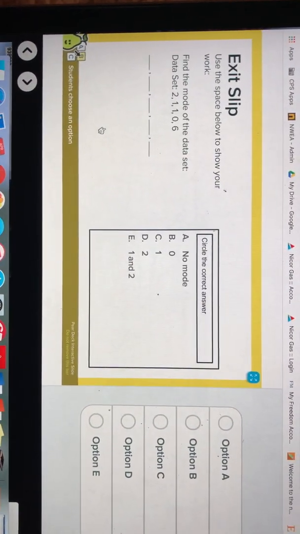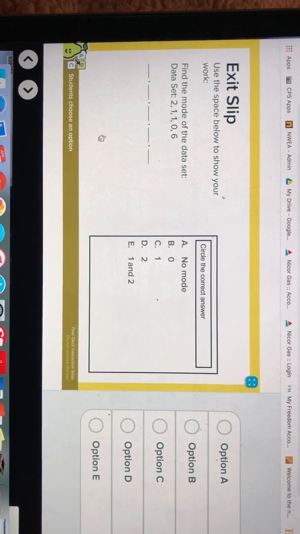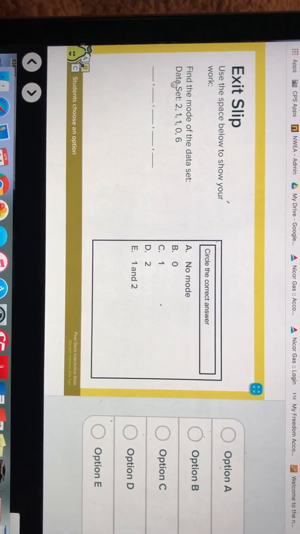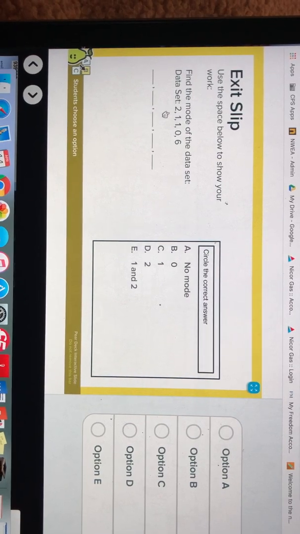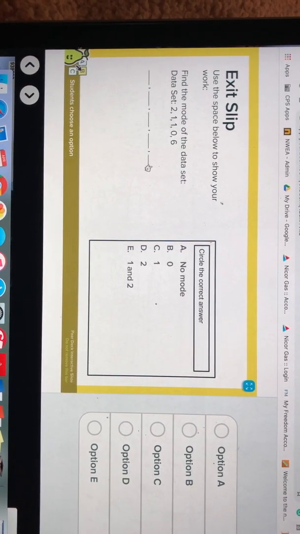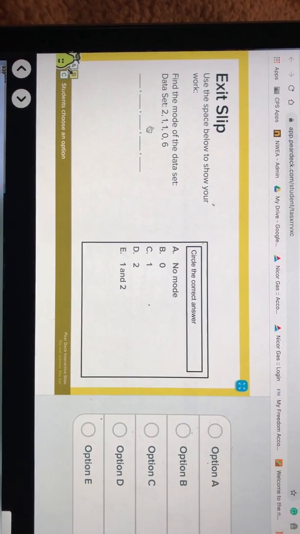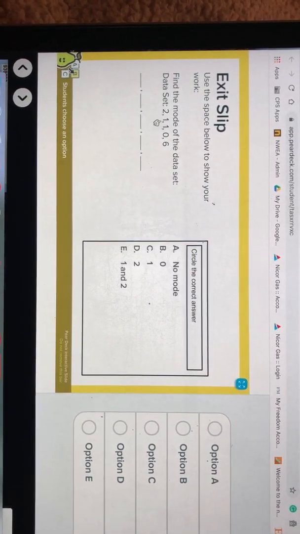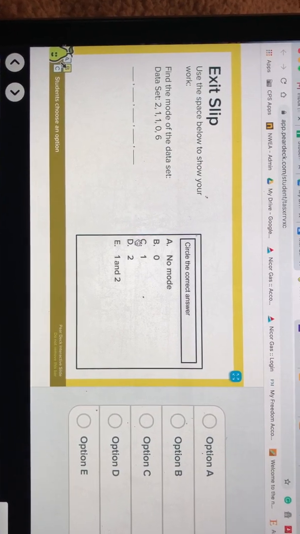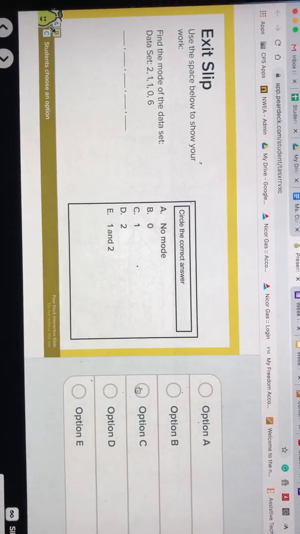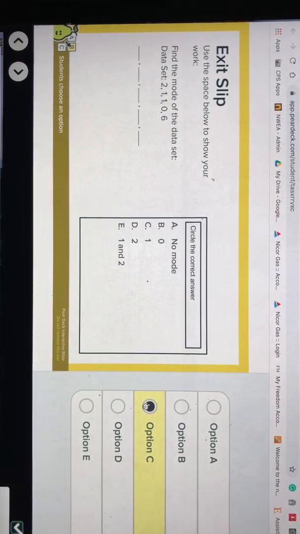Okay, and let's practice this exit slip together. Using this data set, find the mode. Okay, so if you want to put them in order, you can. You do not need to necessarily put them in order for the modes. We're just trying to identify which number is used more than once. I see that we have one mode, and that answer is 1.